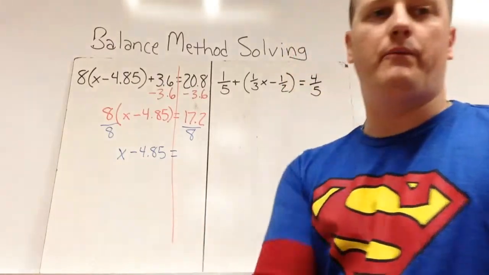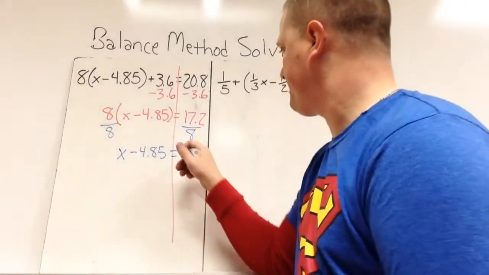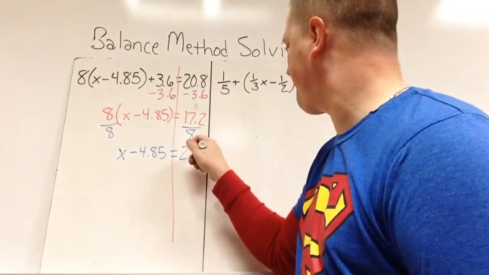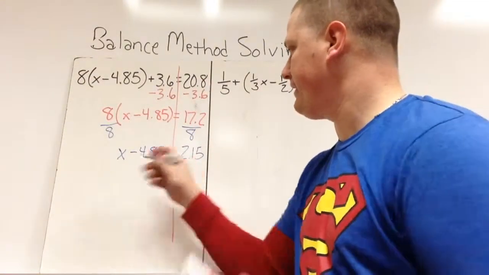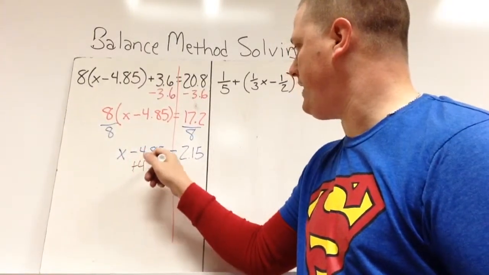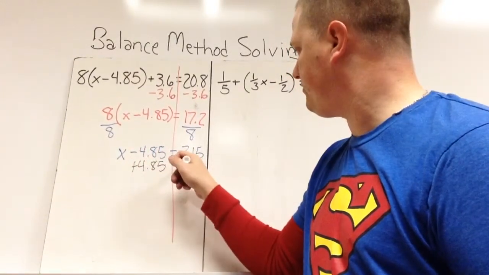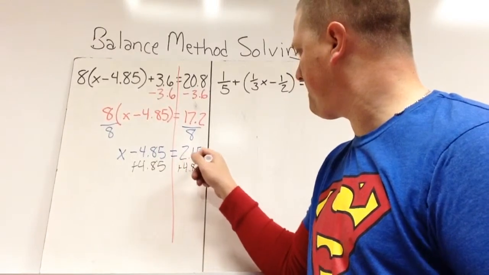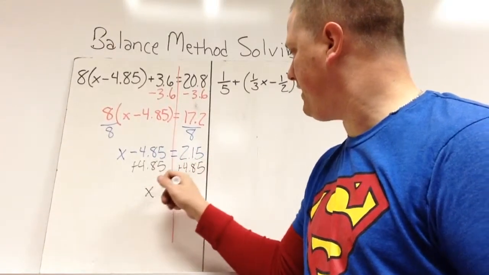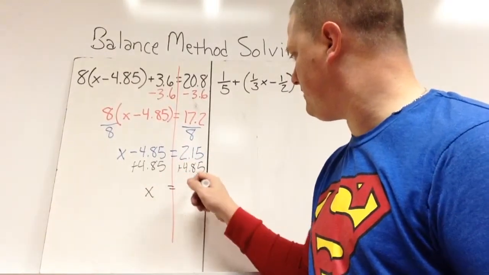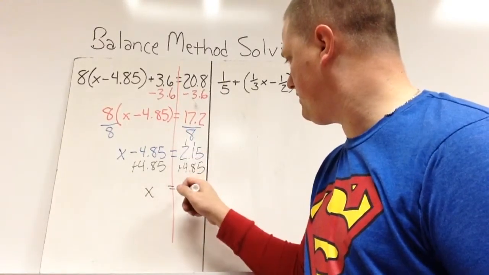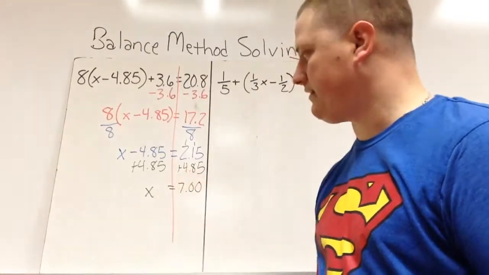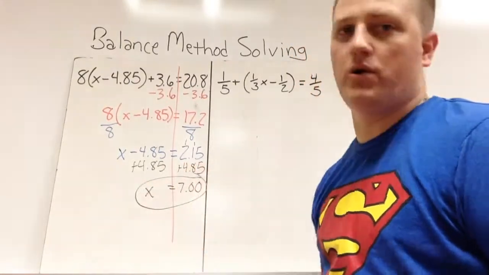So that's 2.15. And now I'm going to add 4.85 to both sides. And x is, it's going to be 0, carry a 1. That's going to be 0, carry a 1. So I'm going to get 7.00, or just 7.